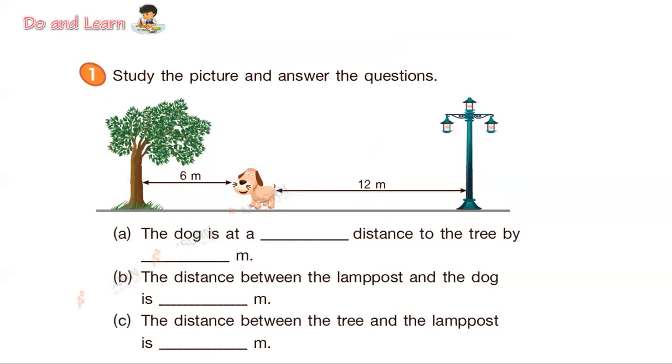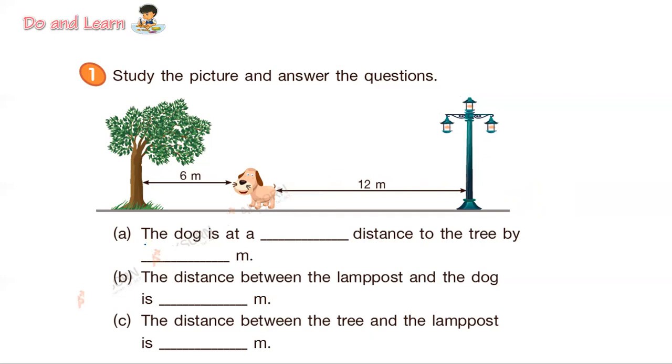Do and learn. Study the picture and answer the questions. We can see a tree, a dog, and a lamppost. Look at the position where the dog is from the tree. It is only 6 meters. And the distance between the dog and the lamppost is 12 meters.